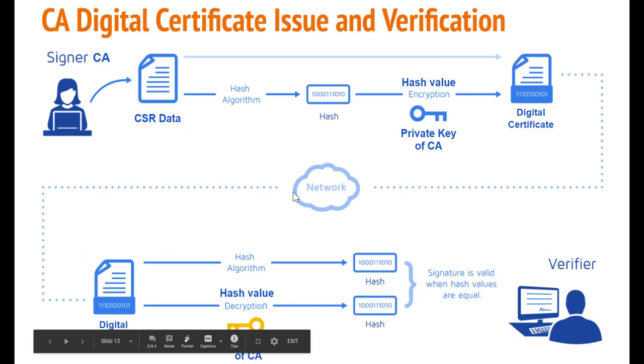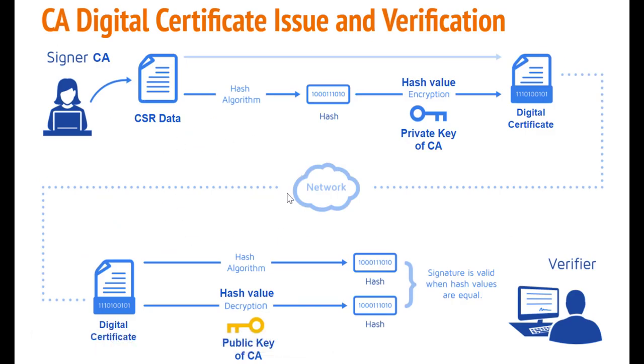So this is the picture which tells how the digital certificate provided by the certificate authority is verified. Once the CSR is requested, that means after generating the private key and the public key, the CSR request is raised as we discussed.